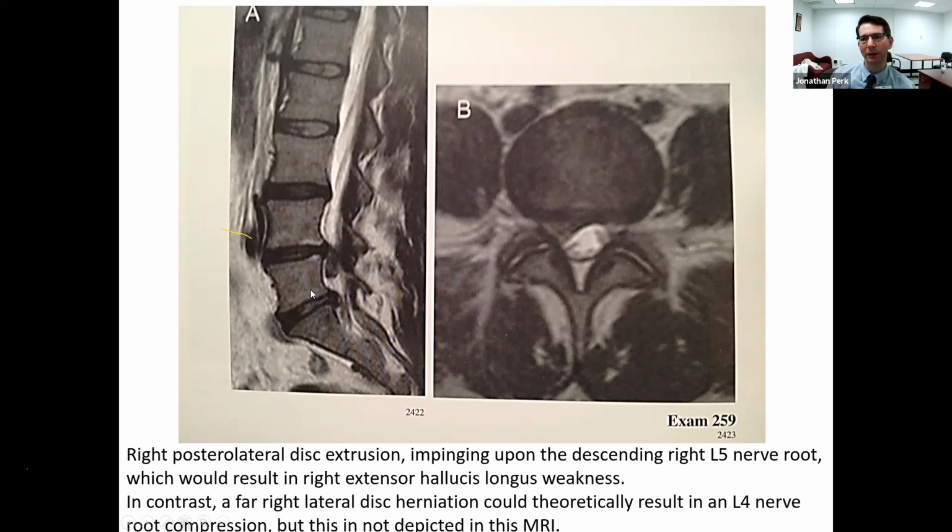That would cause loss of the ankle reflex and weakness of plantar flexion, right? But in this case, this is the culprit. Is this clear to everybody? This is very important. It's from a board exam, but you'll see those patients. A lot of times you have multi-level degenerative disease, and you need to know where the problem is.